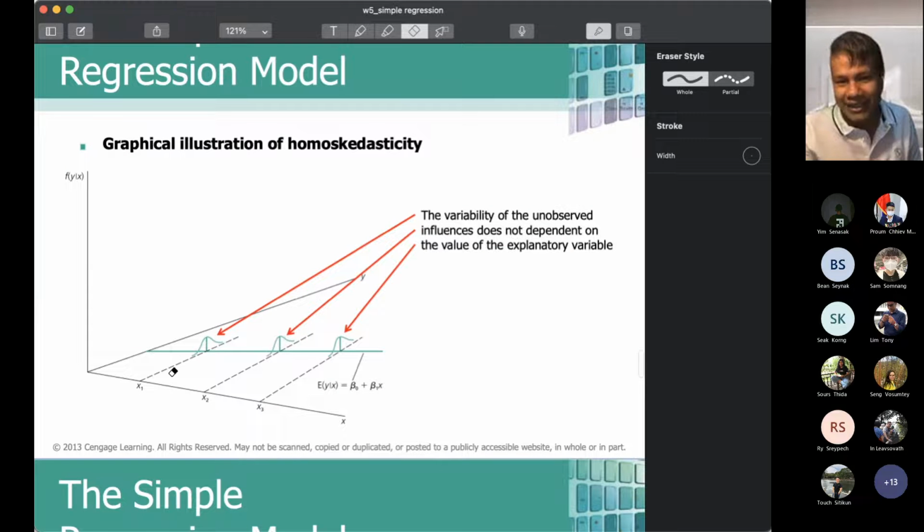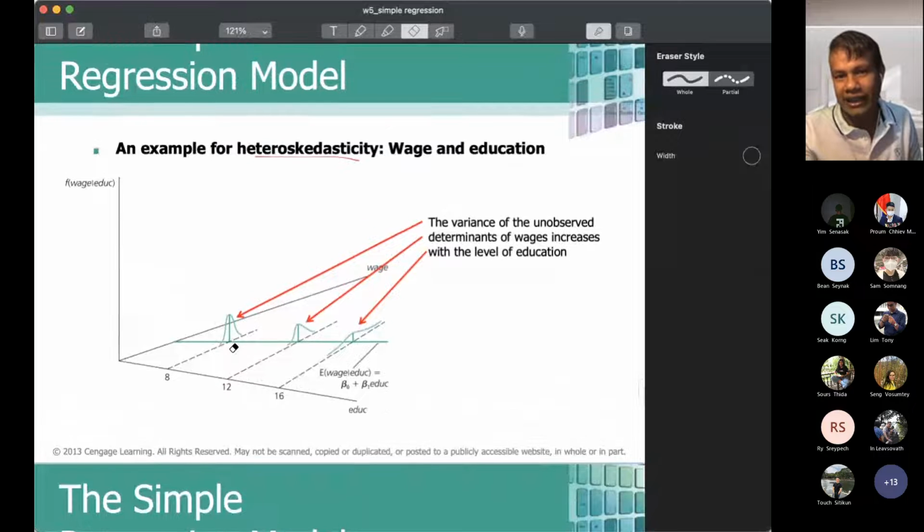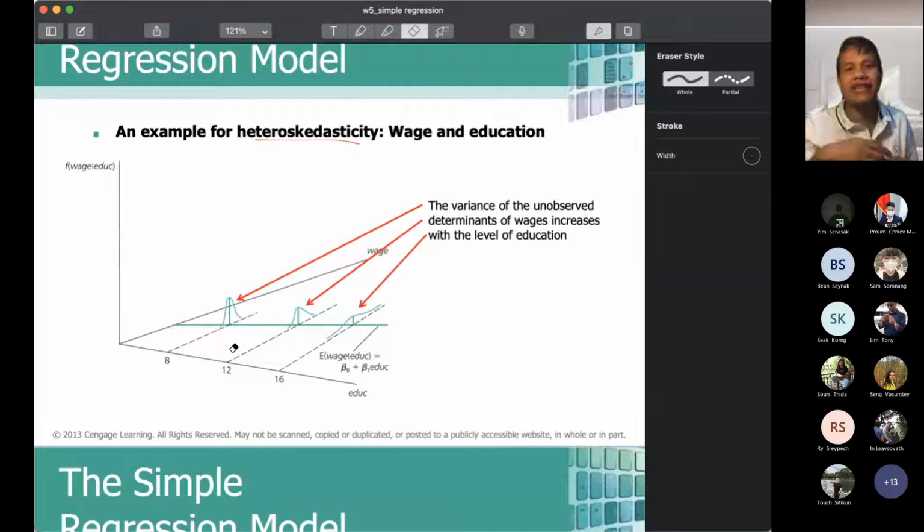And when your x is increasing, here is an example of heteroscedasticity. So heteroscedasticity means that assumption number 5, homoscedasticity, is violated.